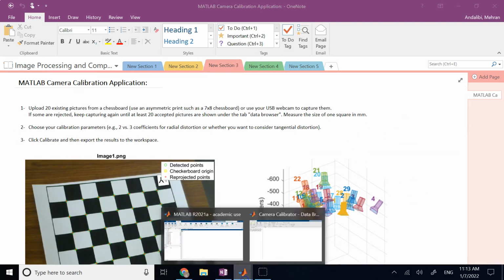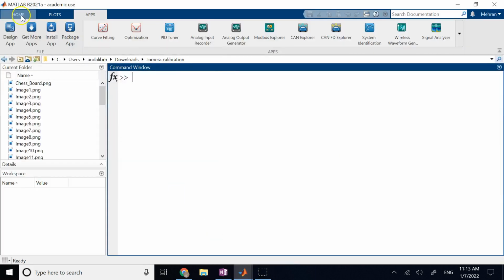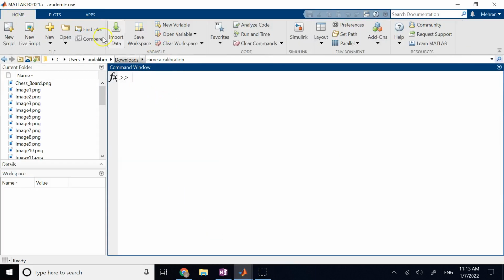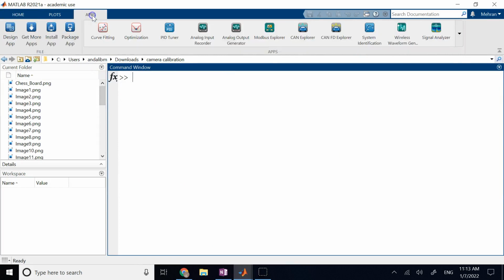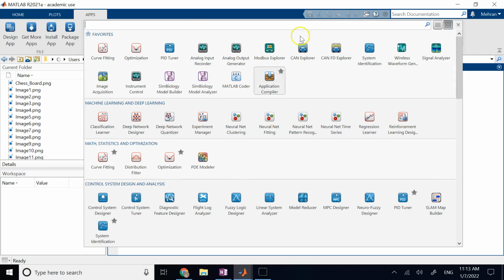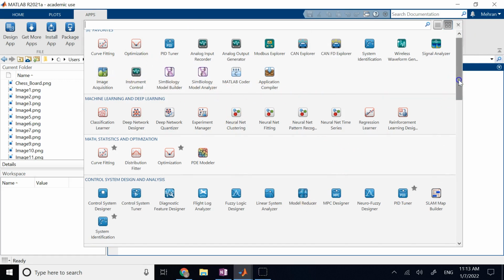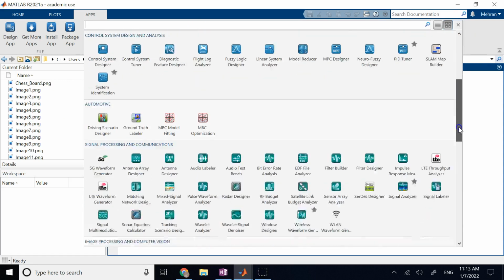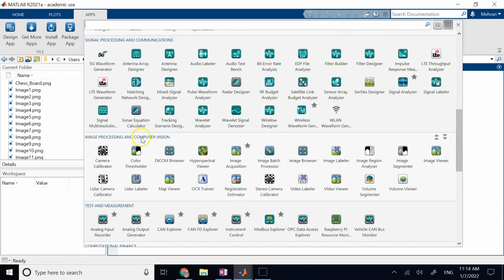So if you go to MATLAB, and instead of the home tab that you normally have, you click on the apps tab. Here, if you expand the apps, you see all different types of apps for different applications. Under image processing and computer vision, you see the different apps that MATLAB has.